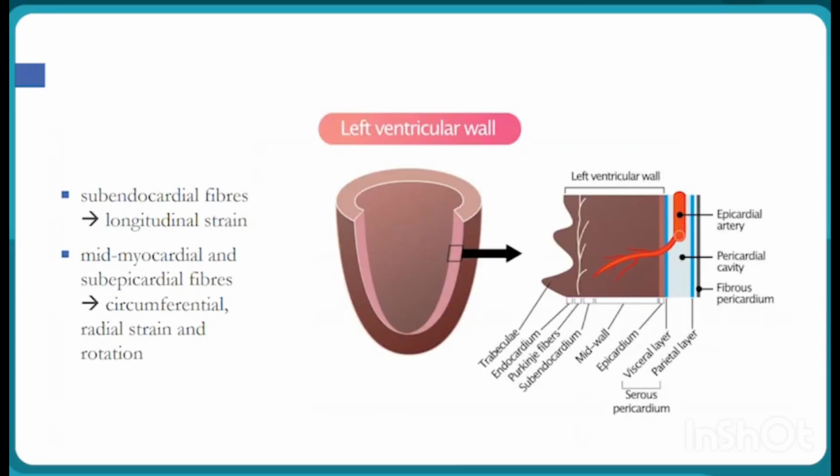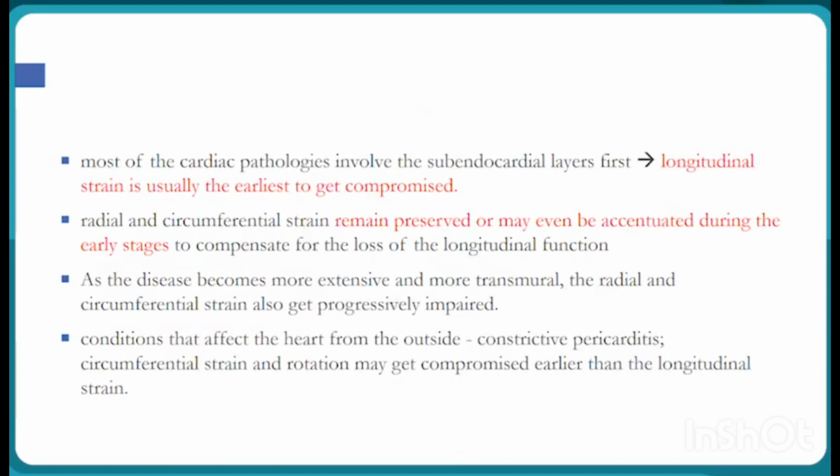Now, in the left ventricular free wall, the subendocardial fibers mainly give rise to the longitudinal strain. The mid myocardial and the subepicardial fibers mainly give rise to circumferential, radial strain and rotations. Most cardiac pathologies involve the subendocardial layers first. So, the longitudinal strain is usually the earliest to get compromised.